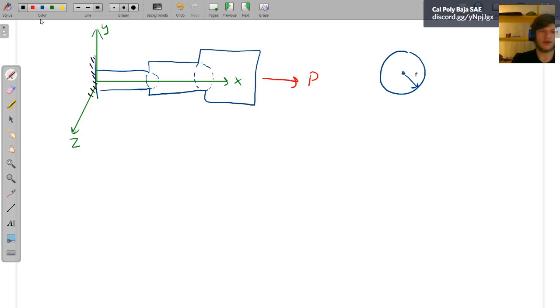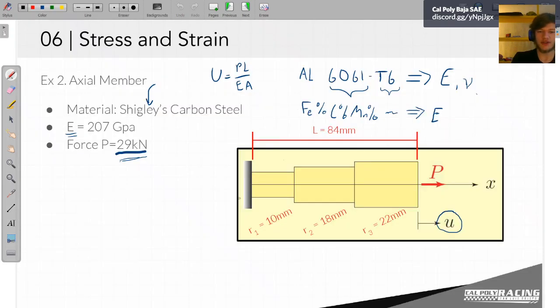We're lucky enough to know that the area of a circle is pi r squared. Which, if you look back here, are actually the dimensions that we're given. We're given radii for each of these sections, and we're given a length overall. I'm assuming this is evenly divided, so each of these is whatever 84 divided by 3 is. 28? Yeah, 28.